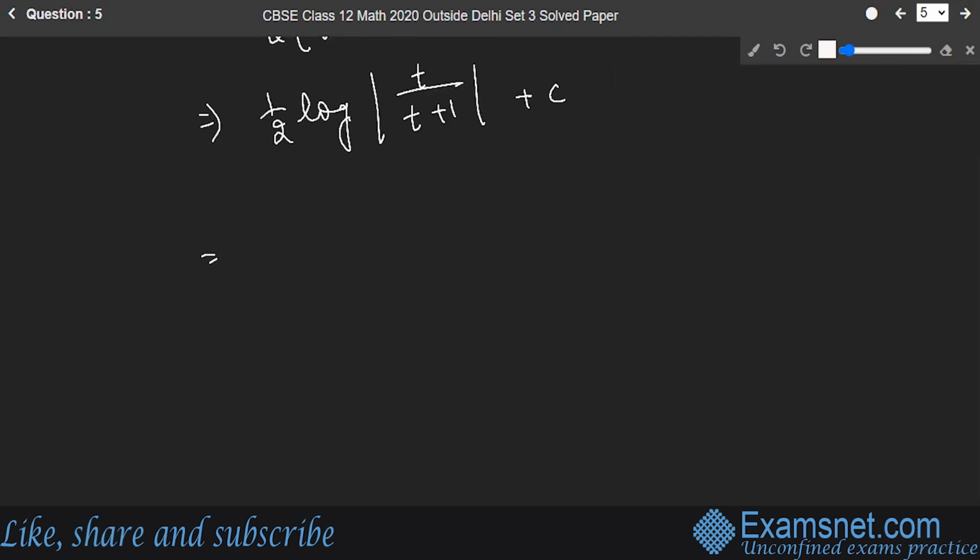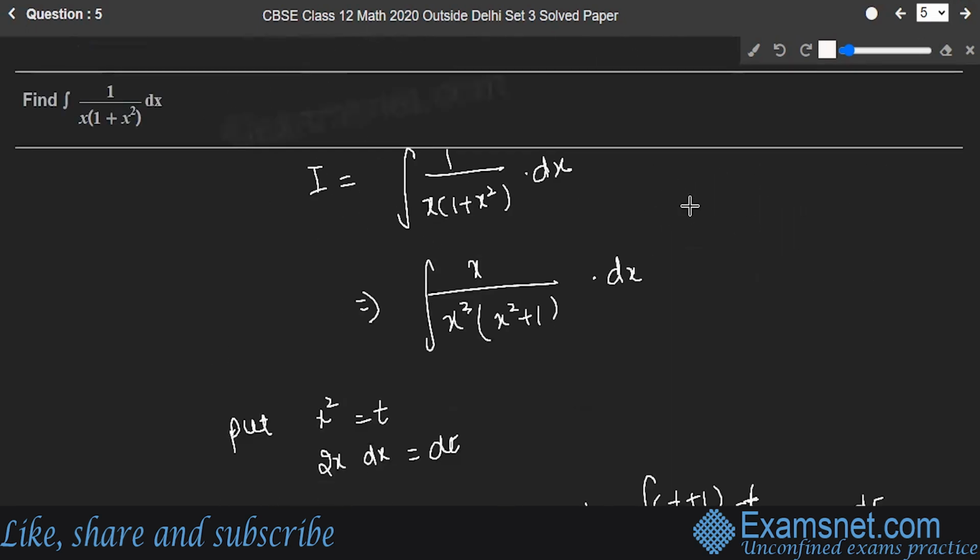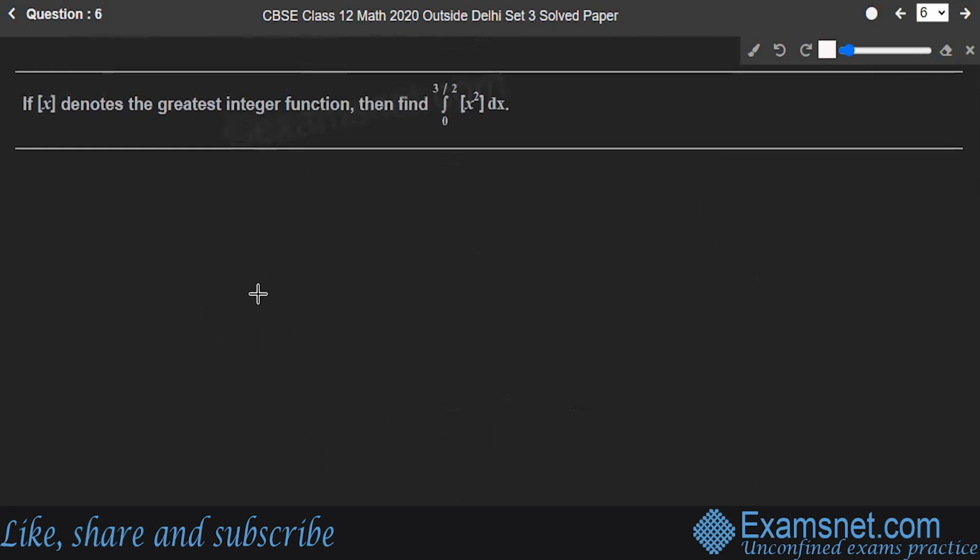Or what was t? This is x squared upon (x squared plus 1) plus c. Okay, so this is the answer to the question, right? We don't have any options, but it's the answer to the question. Hope you got that. Next is question number 6.